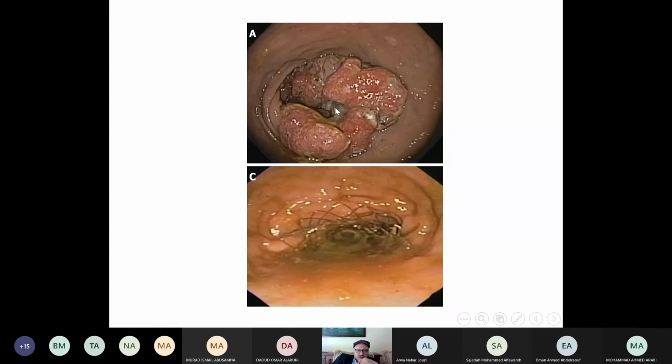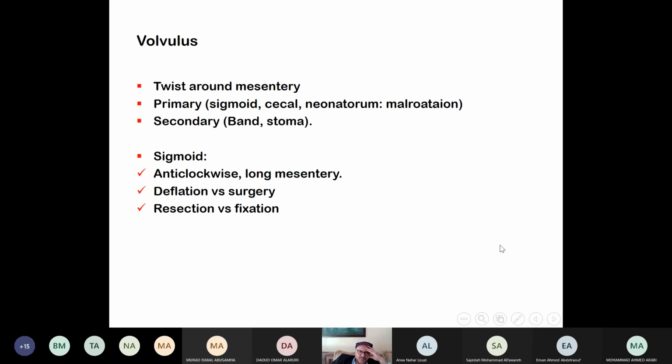And this is an intraluminal view of how the colon is obstructed by a tumor. And this thing is a stent that we sometimes use in order to open the lumen and relieve the obstruction, although this will not treat the cause, but it will relieve the obstruction.